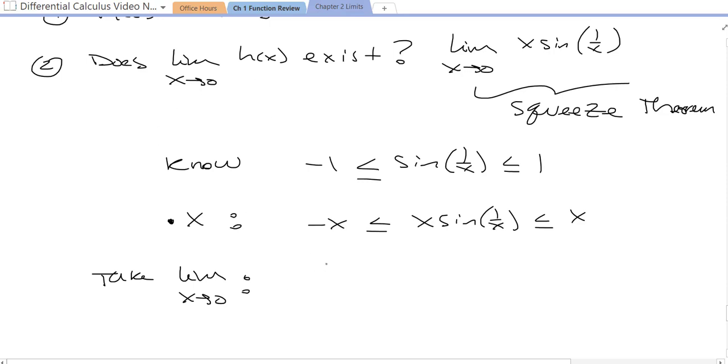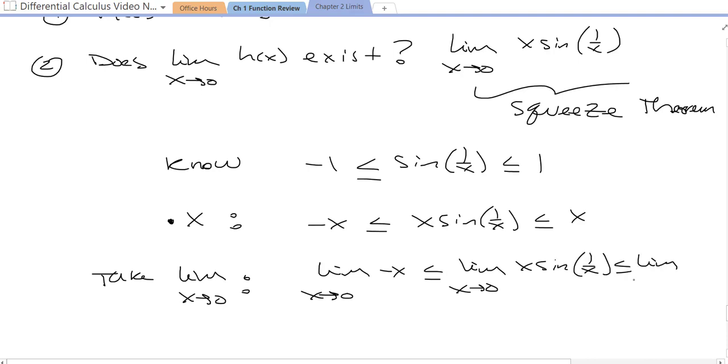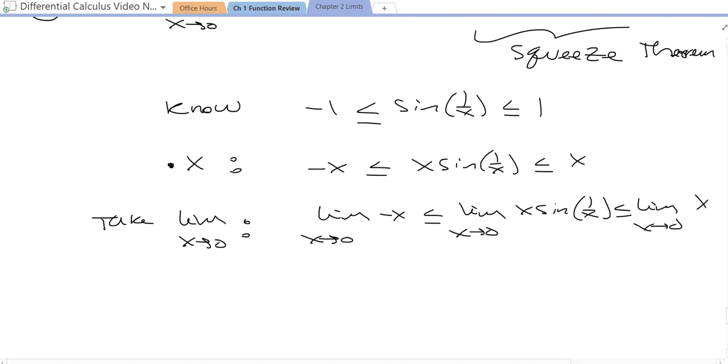So I'm going to have limit as x goes to 0 of -x is less than or equal to the limit as x goes to 0 of x sine 1 over x less or equal to the limit as x goes to 0 of just x. And now I can plug in, right? As x goes to 0, this side will go to 0, and this side will also go to 0.